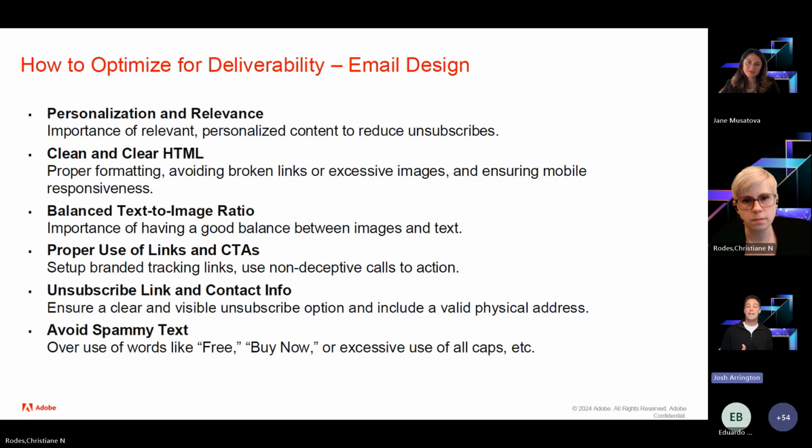HTML should be clean and clear with a balance of text and images. You should have your branded tracking CNAME set up so it matches your domains and links, hopefully, that you're sending people to, as well as the regulatory standard items of your unsubscribe links and your physical address and contact information. And then it's also a good idea, again, to avoid spammy text and overuse of capitalization, things like that.